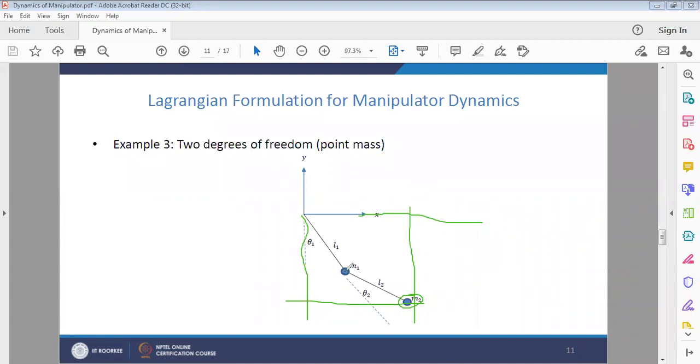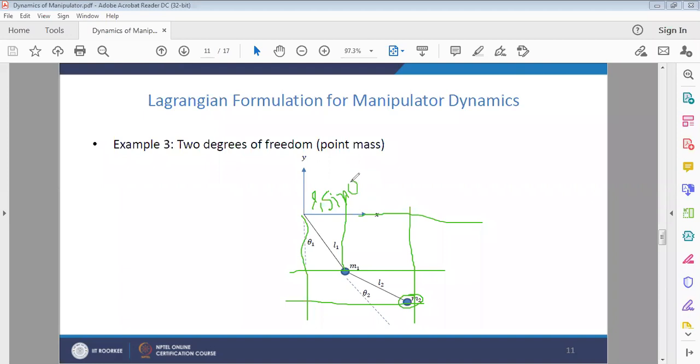First you take the x and y components of mass m1. The x component of this point, from the origin to this line, is L1 sin theta 1.